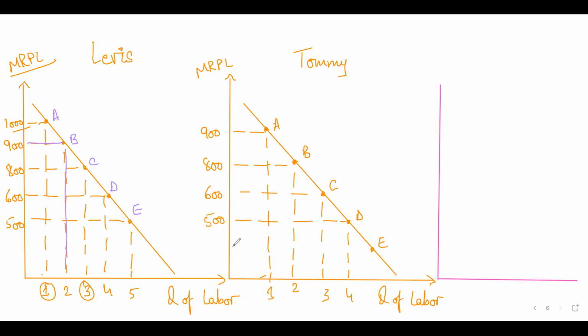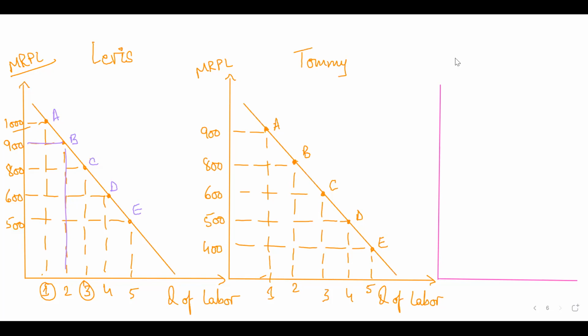Is there any confusion so far? Students, is everything clear? So we have plotted these two graphs based on the values that we have for these companies. Yes or no, right? Okay, now quickly have a look at this before the class ends.